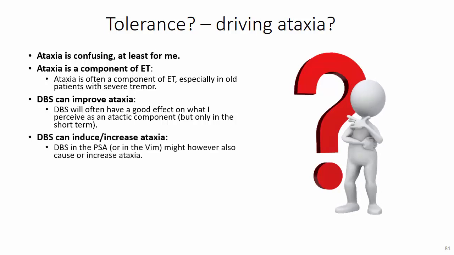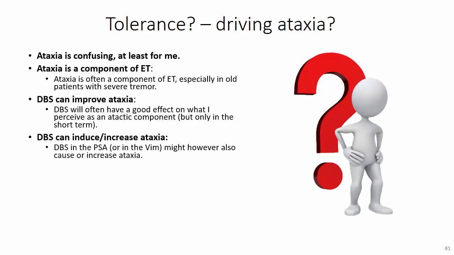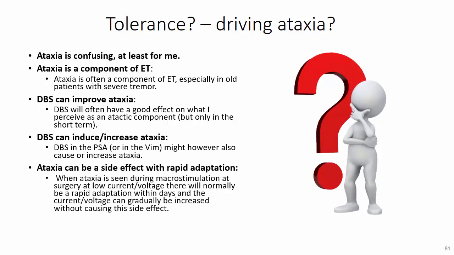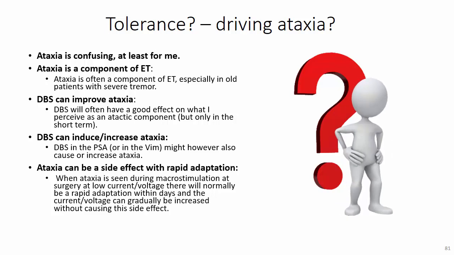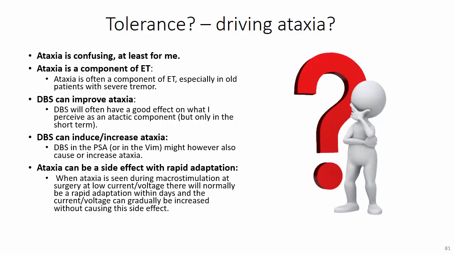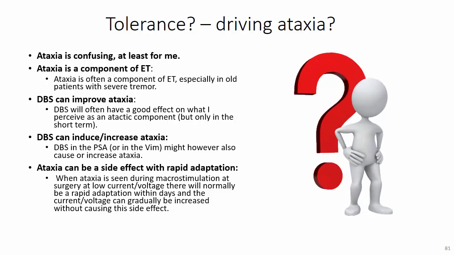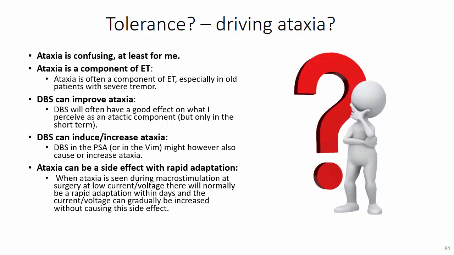DBS in the PSA or in the VIM might also cause or increase ataxia. And ataxia can be a side effect with rapid adaptation. When ataxia is seen during macrostimulation at surgery at low current, there will normally be a rapid adaptation within days, and the current can gradually be increased without causing this side effect.